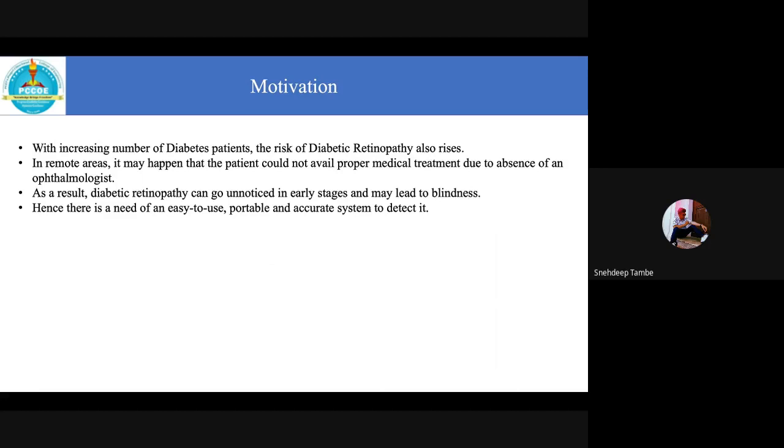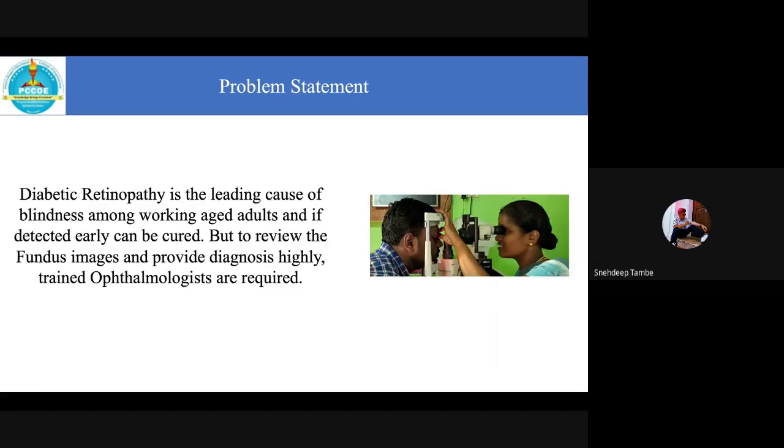So the motivation behind this topic was that many diabetic patients have diabetic retinopathy, and if the disease is detected early, it will be easy to cure, and it will prevent people from blindness.